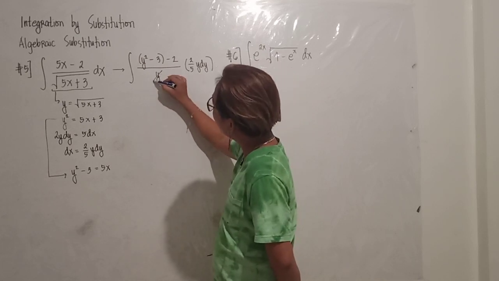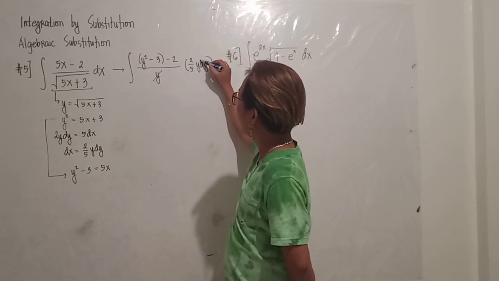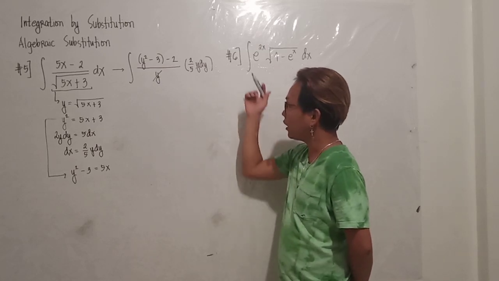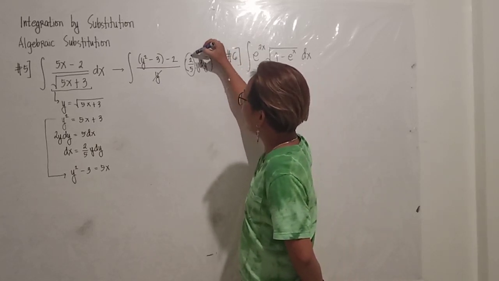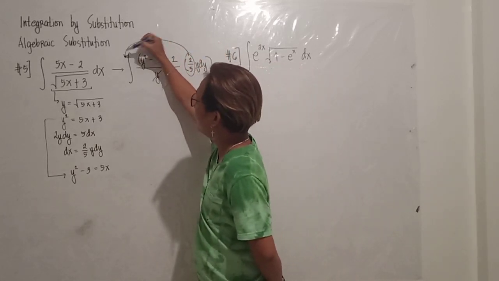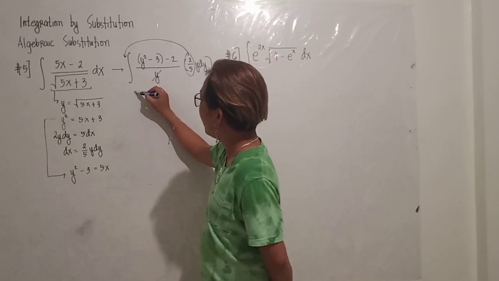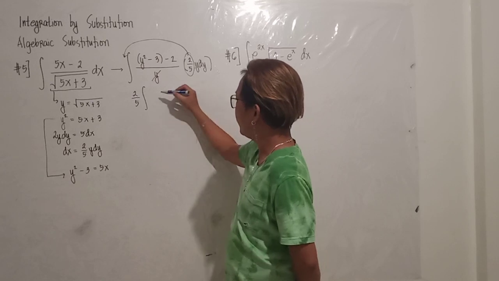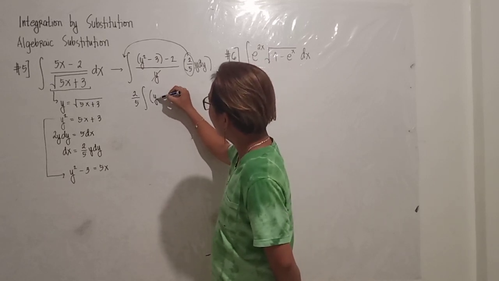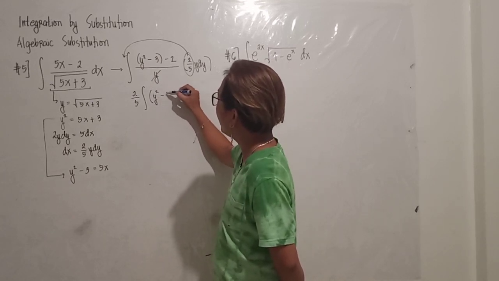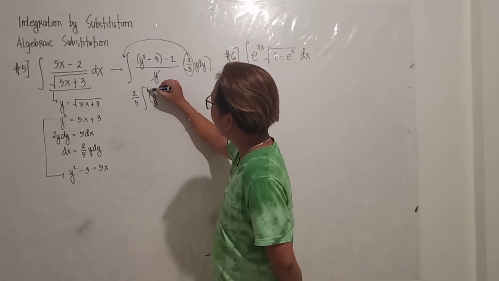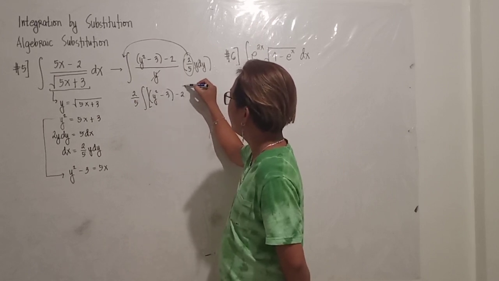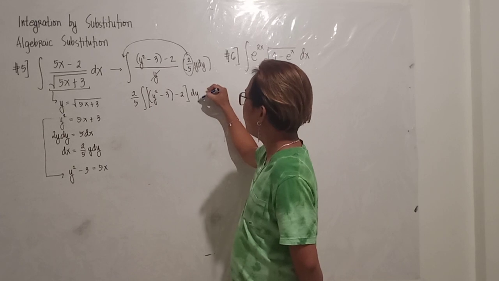So, may y kasi na denominator, you also have y at the numerator, pwede nyo i-cancel. Then this 2 over 5 is a constant, pwede ilabas. You will now have 2 over 5, then the integral of y squared minus 3, then minus 2 dy.